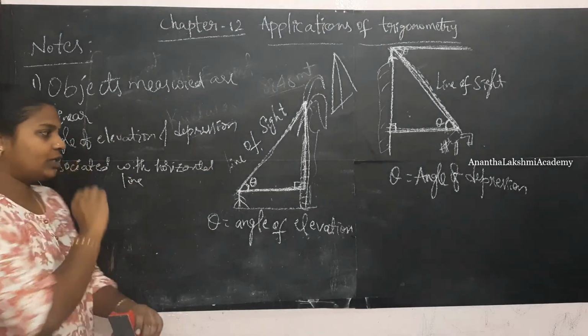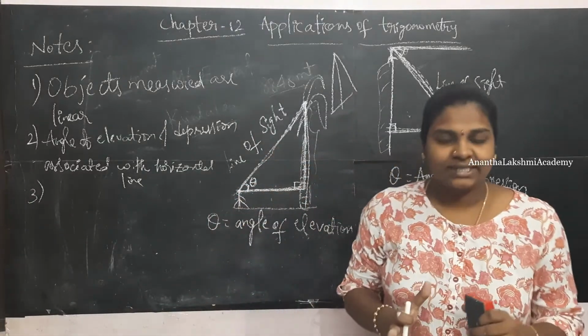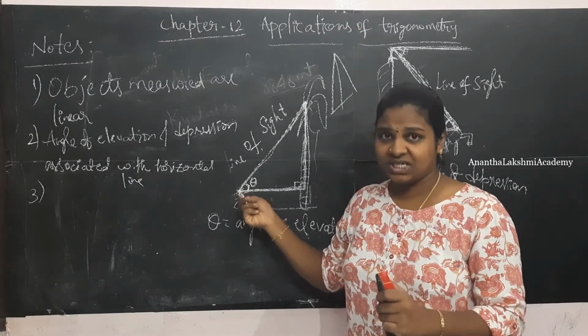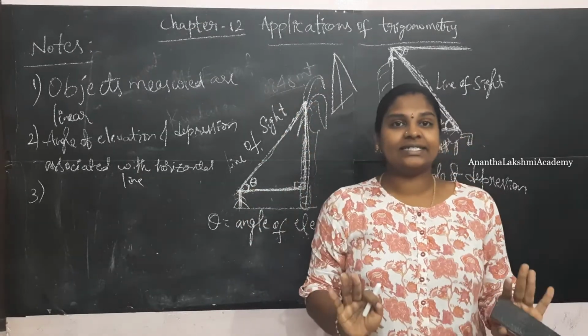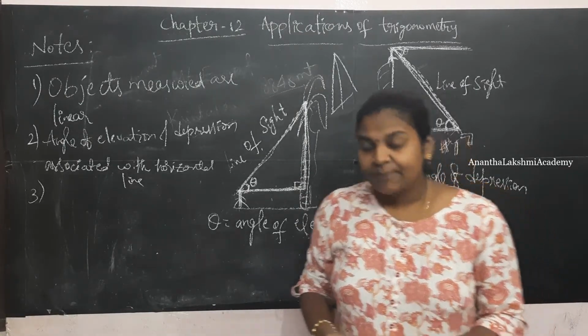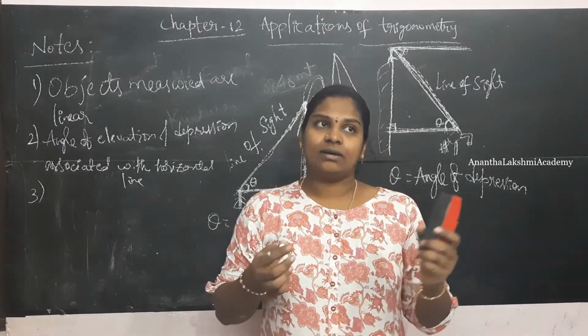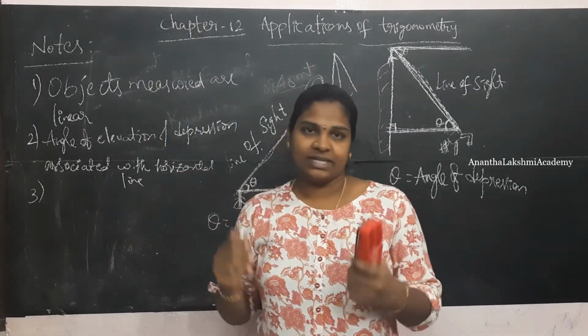And the third important fact is we are going to neglect the height of a person or an object which is viewing the taller object or a shorter object unless it is specified. Say for suppose in a problem it is given that person X is observing a building of height 50 meters.